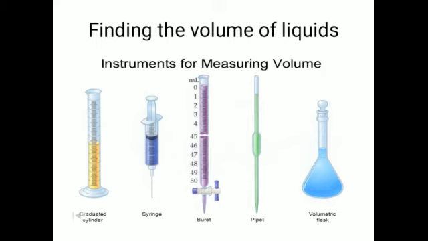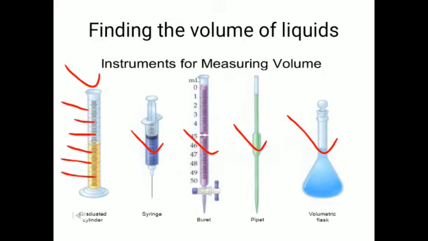So these apparatus are the measuring cylinder, this is a syringe used in medicine, and this is a burette, pipette, and volumetric flask. All of these glass vessels are marked with gradations, and these lines show us the reading, how much volume is occupied by them.